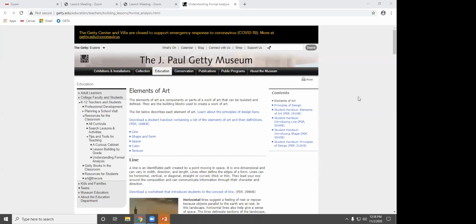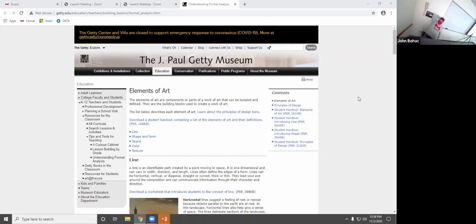Okay, good. And so formal analysis, what I did was basically put in a Google search, formal analysis. And here are the elements of art. This is kind of what you're really dealing with here. And it says, list below describes each element of art.